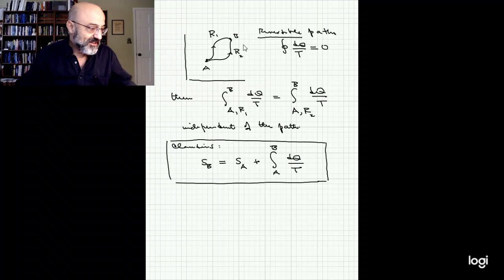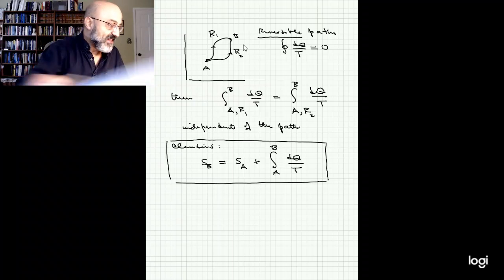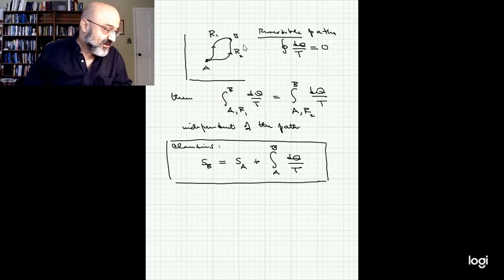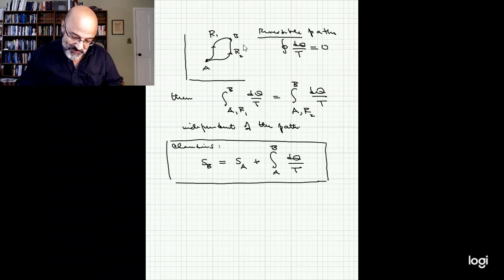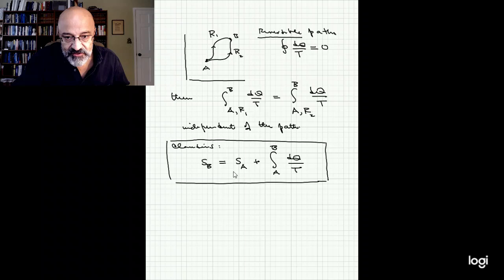Very good. Let me see. What I want to say now is the following. The interesting thing about this quantity is that by now we're no longer talking about cyclic processes. Whatever this quantity is, it may be made to refer to a path that does not necessarily close.